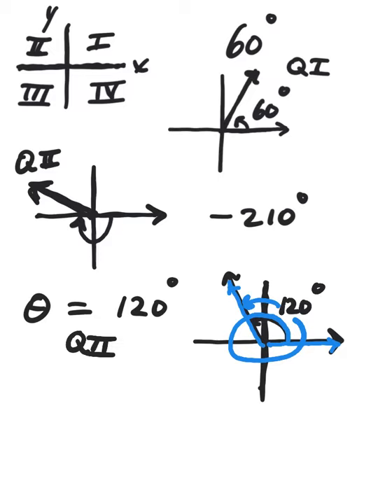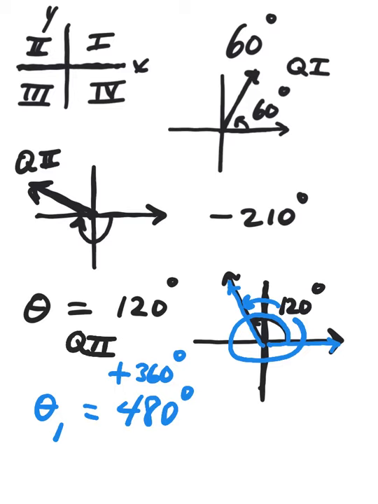What's 120 plus 360? Because all we did was make a full circle. That's right, 480 degrees. 120 and 480 are considered coterminal. They share the same terminal side.